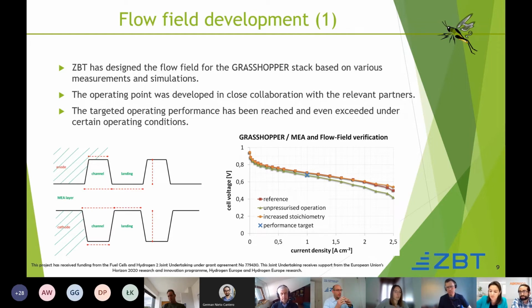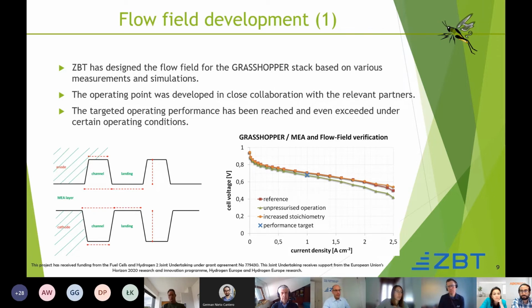And then we have made a simulation and development of a new flow field. And then we have tested this new flow field for the operating point that we have developed with all the relevant partners.